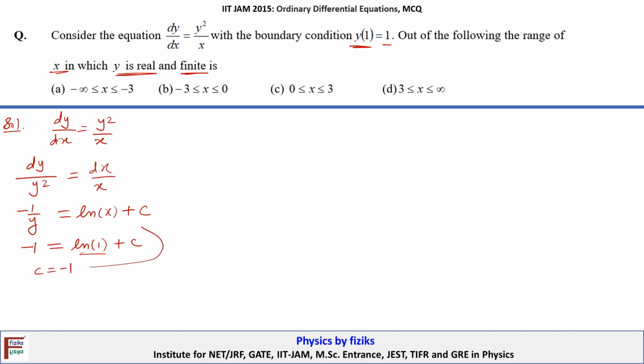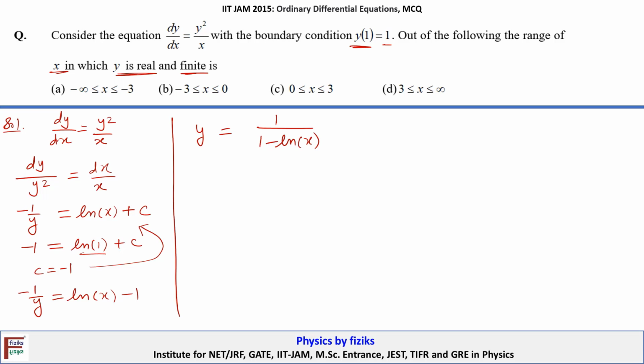Substituting this value of c, we obtain the final solution as 1 by y is equal to ln of x minus 1. Now from here we obtain y is equal to 1 divided by 1 minus ln of x.